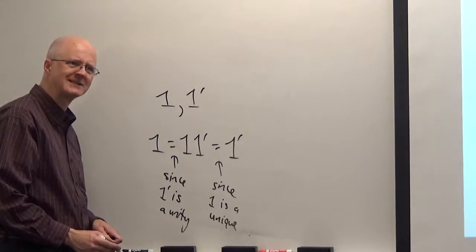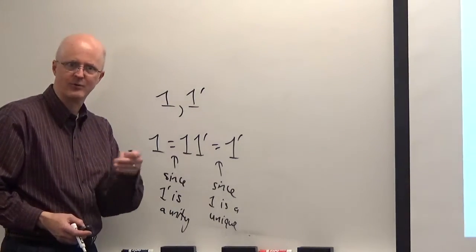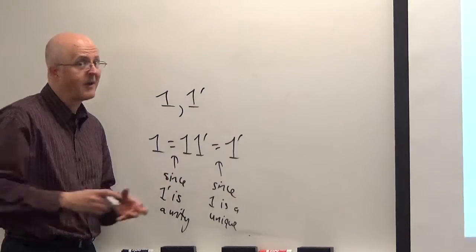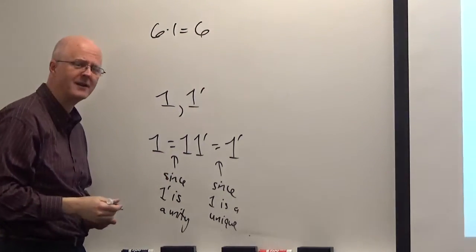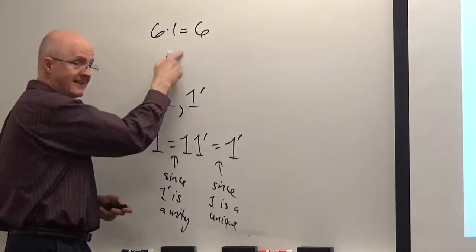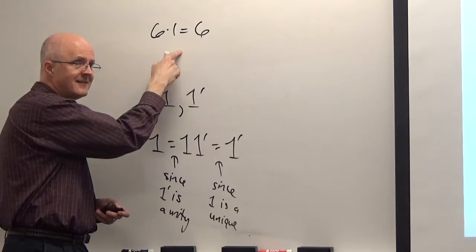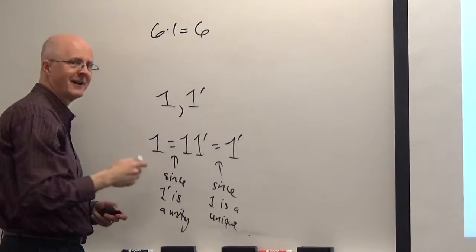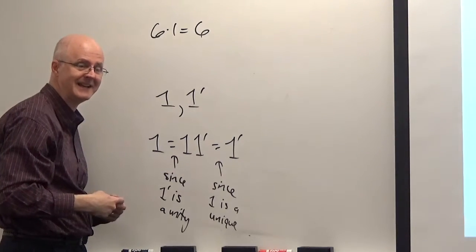And the answer is no, it doesn't get messed up. 6 acted as a unity on 0, 2, 4, 6, and 8. Not on 1. 6 times 1 is 6, not 1, mod 10. 1 is acting like the unity there, not 6. The 1, the true unity, has to act like the unity on everything.